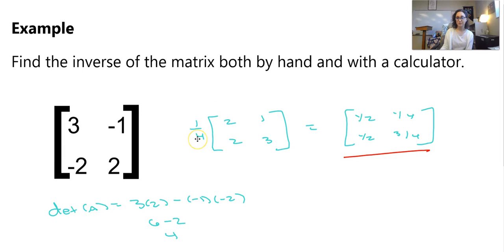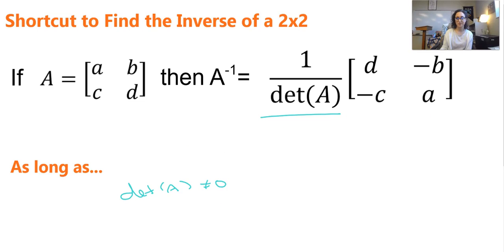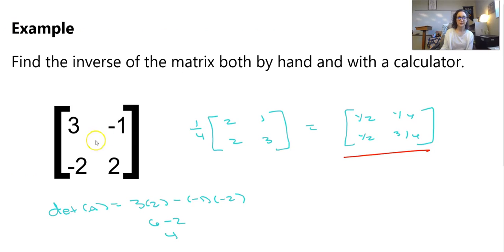So I'm going to do 1 over 4, because it goes 1 over the determinant, remember that? Okay, and then I'm going to switch these two elements. So this becomes a 2, this becomes a 3. I'm going to change the signs of these two elements. This becomes positive 1, this becomes positive 2. And just think of distributing that 1/4 to every single element. So I get 1/4 times 2, which is a half. And then this is 1/4, a half, and 3/4.